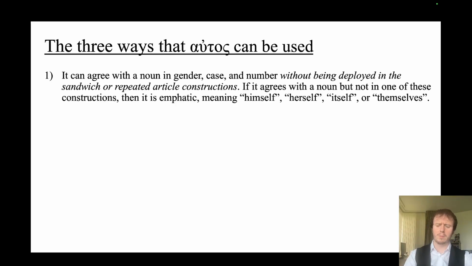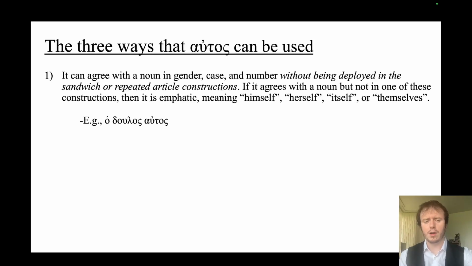Let's look at some examples where it's being used with this first set of meanings. Here we have the phrase ho doulos αὐτος. Now, ho doulos is masculine nominative singular. αὐτος is also masculine nominative singular. It's agreeing with ho doulos.